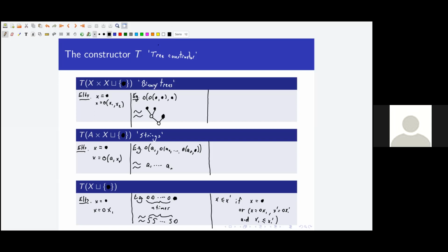And then you can check carefully, if you want, that this is the usual ordering on the natural numbers. It's just a structural induction on the complexity of the term, and it works.